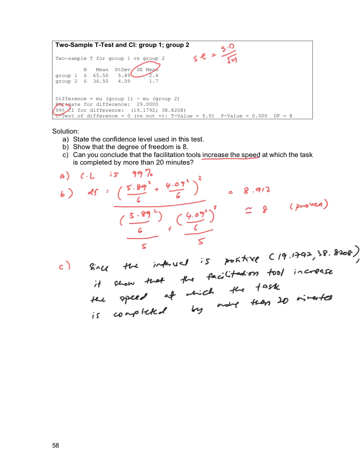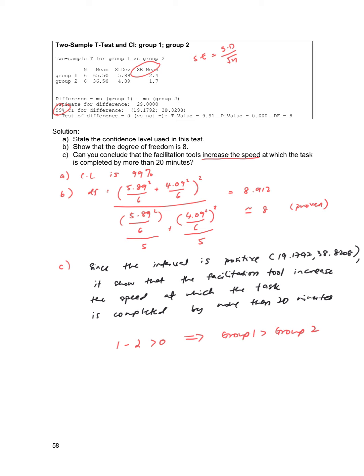If you look at the interval, the interval is 19.1792 and 38.8208. So meaning that we can say that group 1 minus group 2, we get a positive value, greater than 0. So we can say that the time for group 1 is more than the time for group 2.